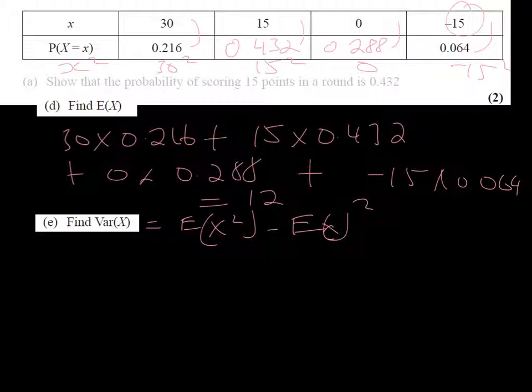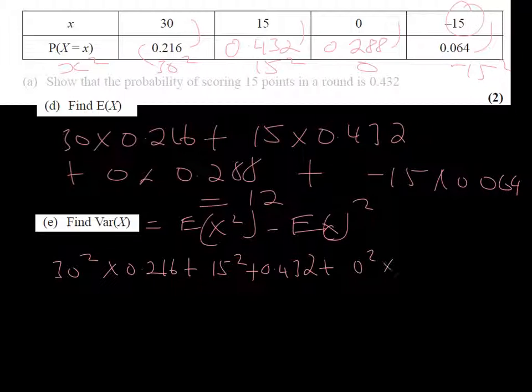So we're going to take each value of x squared and multiply by the probability that occurs. So 30 squared times 0.216 plus 15 squared times 0.432 plus 0 squared times 0.288 plus negative 15 squared times 0.064, and if you do that, you end up with an answer for the expected value of x squared of 306.